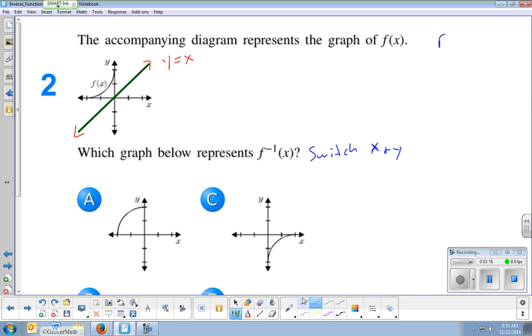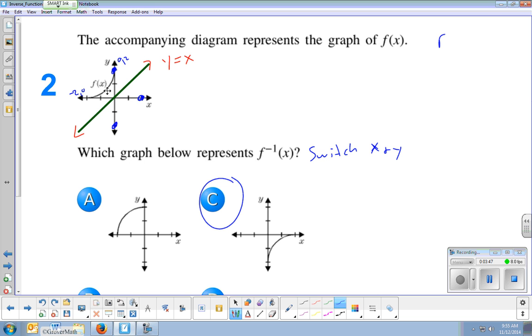So visually, you can do graphs pretty easily just by picturing what it would look like if I flipped it across this line. And you see the answer here is C. It would look something like that, right? The mirror image. The other option is to think about flipping all your x and y's. You do have a couple of coordinates here. This is the point (0, 2). Its inverse would be (2, 0). And this is the point (negative 2, 0). Its inverse would be (0, negative 2).